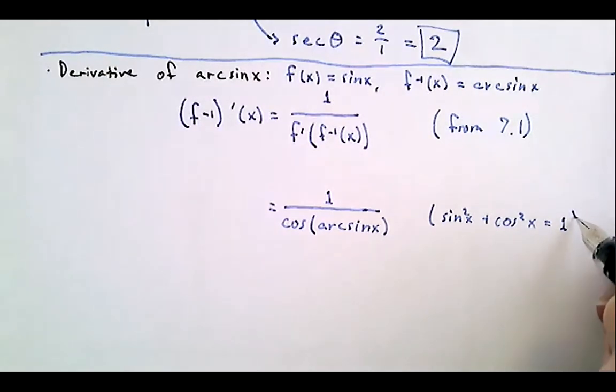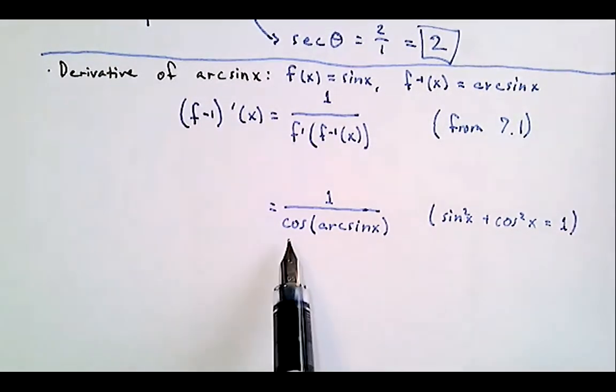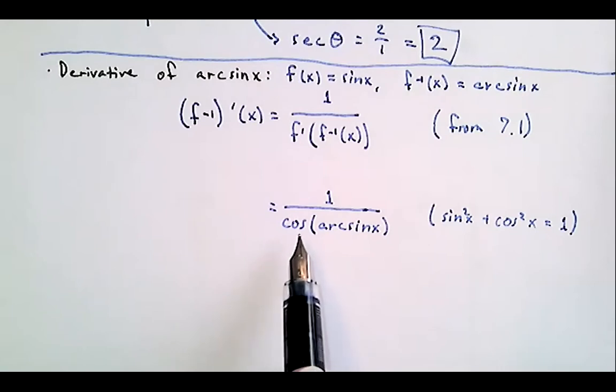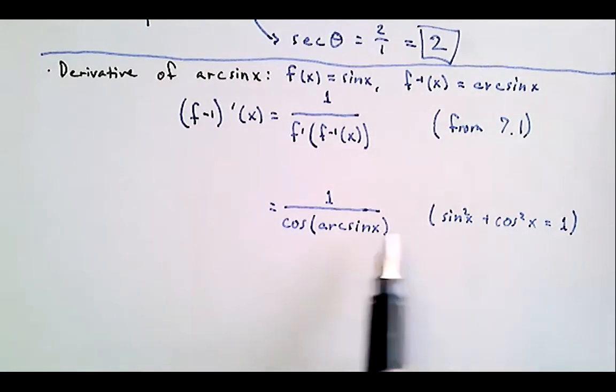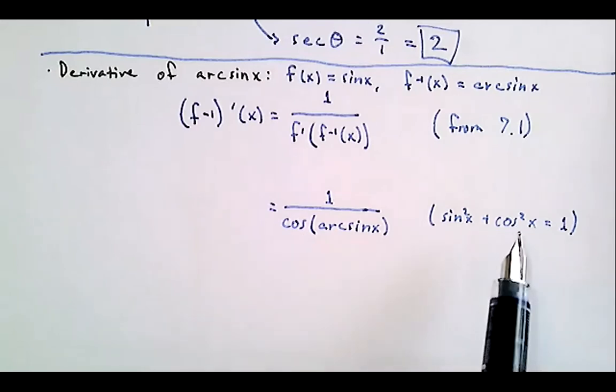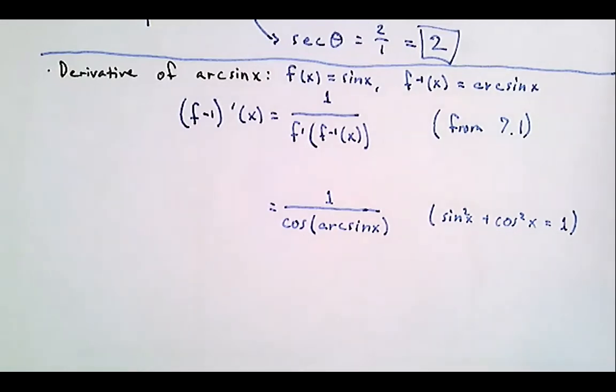So what I can do is rearrange this formula from the Pythagorean theorem so that we have cosine on one side and everything else on the other. I'm sure you've done this before. You would subtract off sine squared and then take the square root.